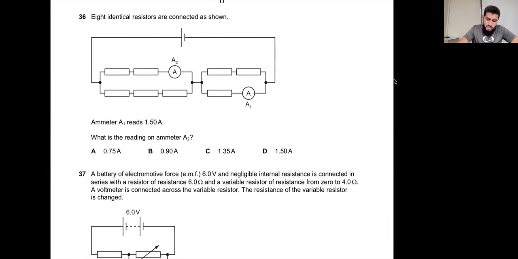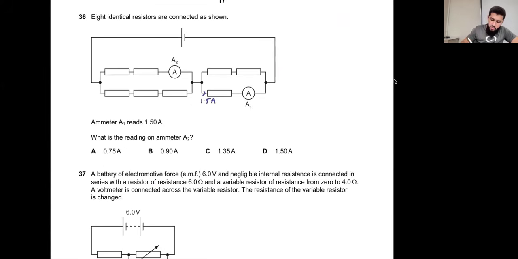Eight identical resistors are connected as shown. Ammeter A1 reads 1.5 ampere. What is the reading on ammeter A2? Okay, not an issue. Let's backtrack. Let's say you've got a current of 1.5 ampere here.